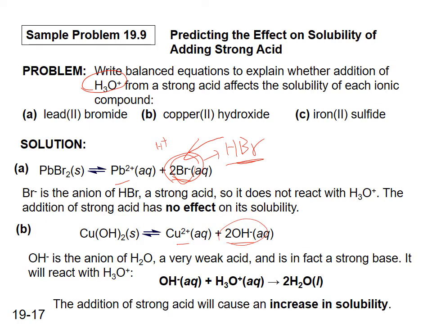Because it forms water with hydronium ion, adding hydronium ion removes hydroxide, removes product, the reaction goes forward, and therefore increases the solubility of copper hydroxide.